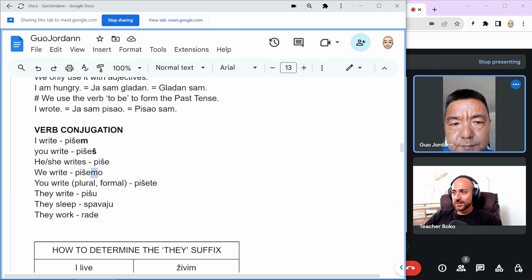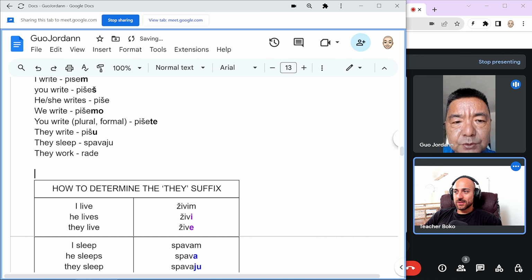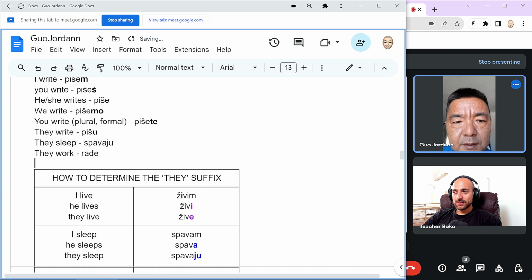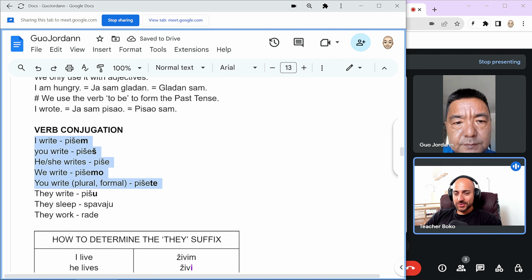Piše. Pišemo. Pišete. Pišu. Spavaju. So for all of these persons here, it's always the same for all the verbs in Serbian, which is kind of easy and straightforward.